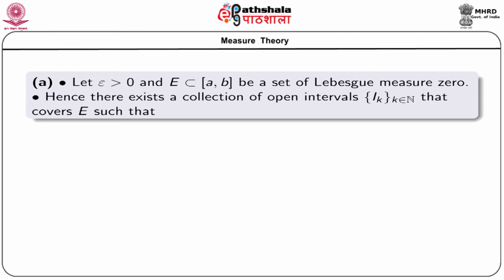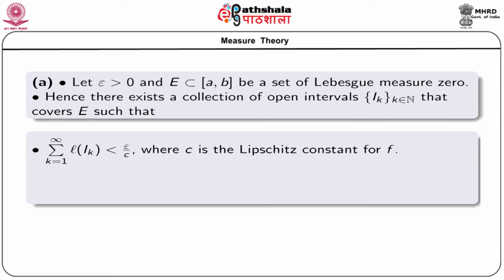Now, from the definition of Lebesgue outer measure, we can find a collection of open intervals I k, k belonging to N, which covers E such that sigma k equal to 1 to infinity l of I k, where l of I k is the length of I k, is less than epsilon by c, where remember that c is the Lipschitz constant for the function f.